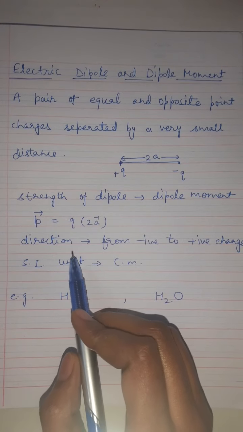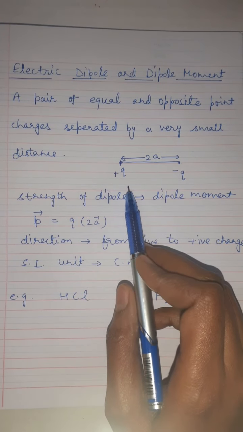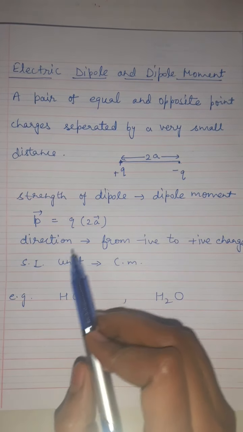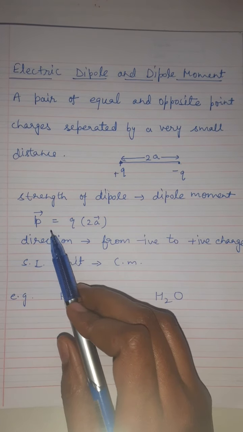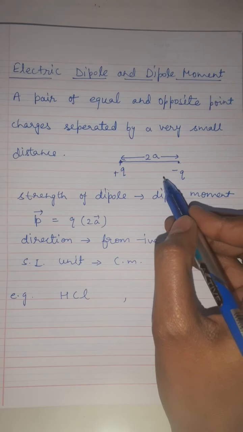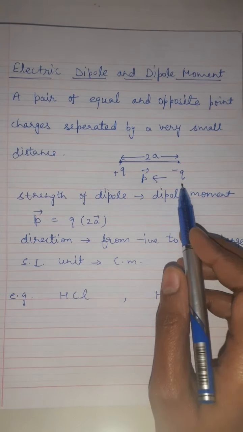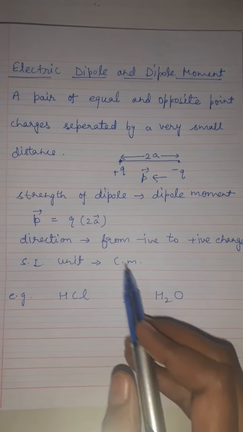Because we are saying that this dipole moment is a vector quantity, the direction of this dipole moment will always be from the negative charge to the positive charge. So this will be the direction of dipole moment, from negative to positive charge.